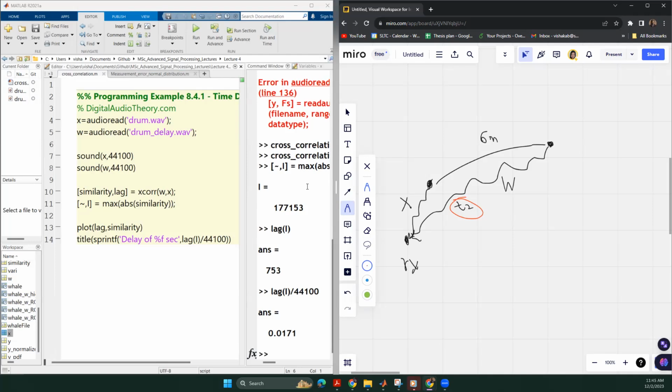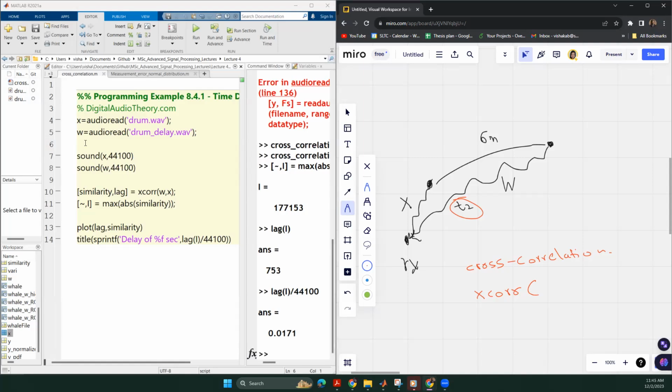So in order to identify the delay, we need to find the cross correlation between these two signals. So the cross correlation we can find using the xcorr function in MATLAB. Inside this function, we can define the two signals that we want to find the cross correlation of.